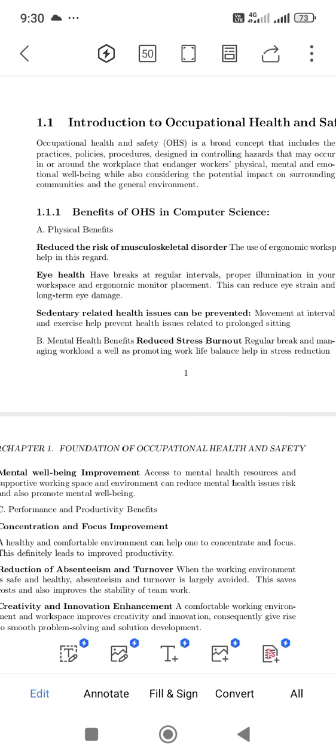I want to inform you that there is one good rule in OHS called the 20-20-20 rule. If you don't want to develop this problem in the eye and in the bone, musculoskeletal disorder or eye problem, try to maintain this 20-20-20 rule.